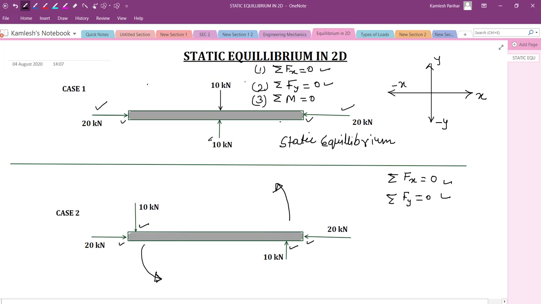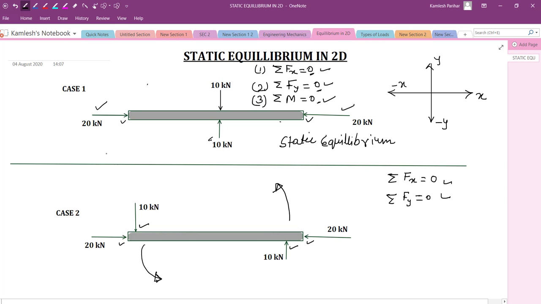The equations summation Fx equal to 0 and summation Fy equal to 0 satisfy translational equilibrium, and the summation M equal to 0, the third condition, satisfies the rotational equilibrium. Hence the body must be in translational equilibrium as well as rotational equilibrium.